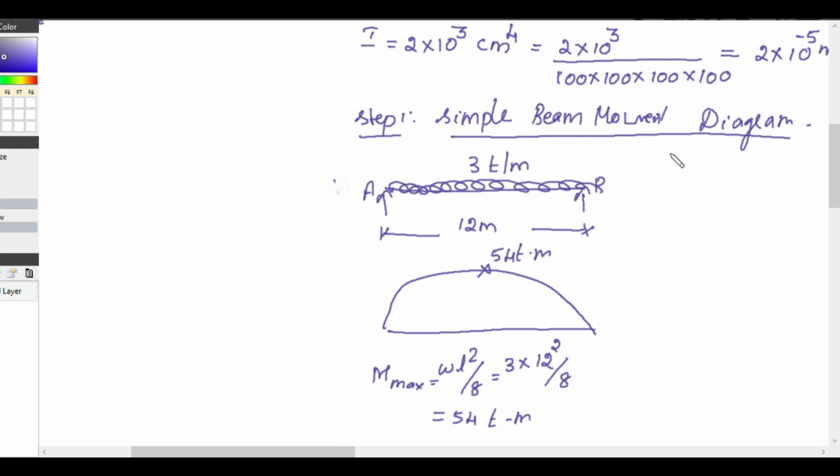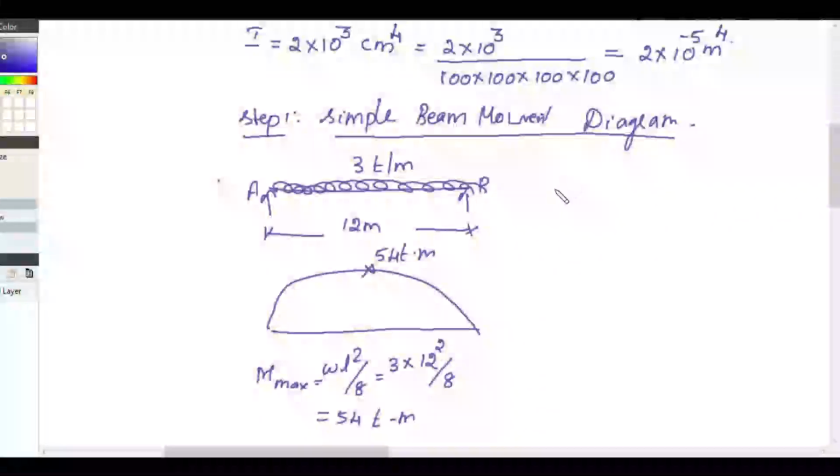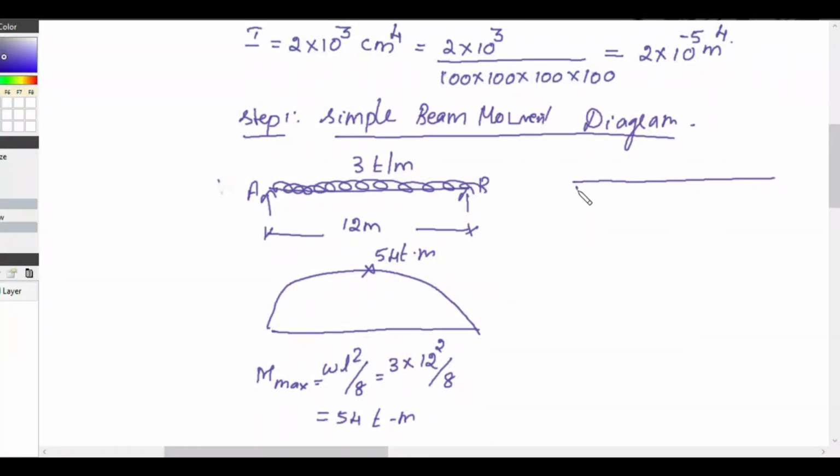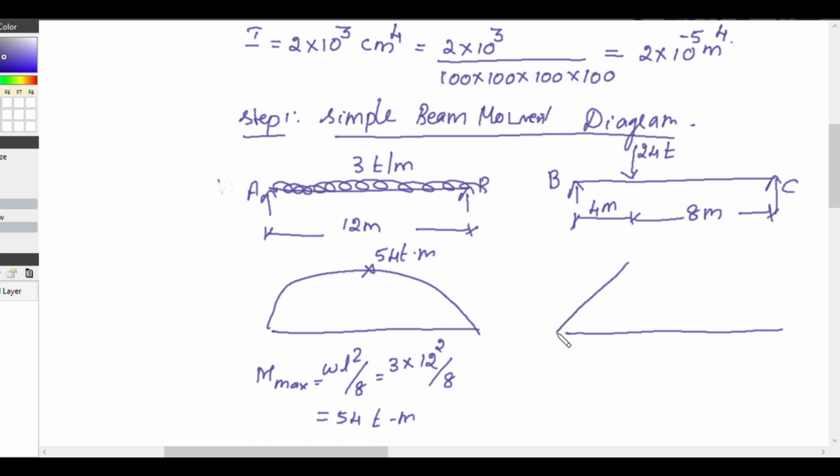Now for the span BC, we have a 24 tons at a distance of 4 meter from B. So this is 8 meter, totally 12 meter. So here we know the simple beam moment diagram will be a triangle.